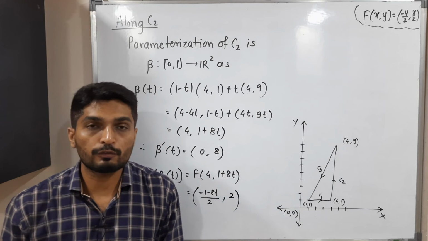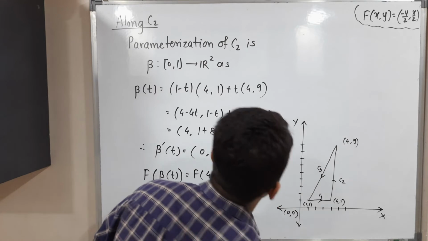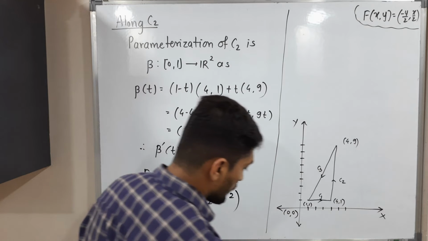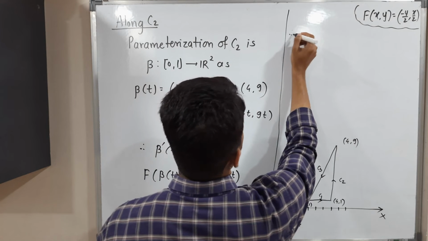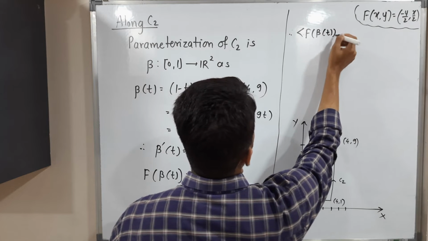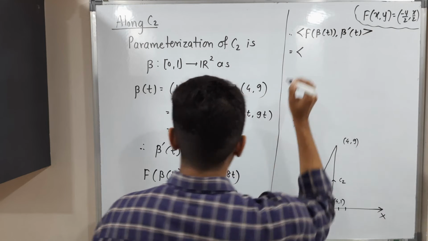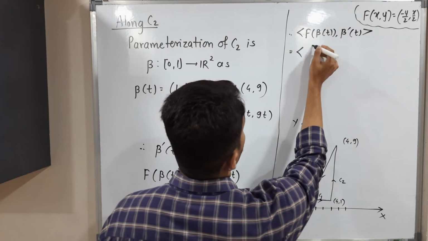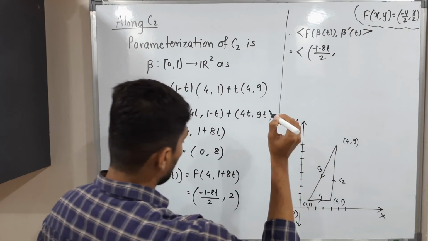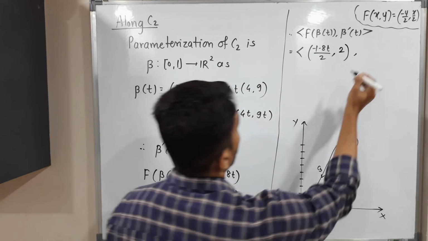We have beta dash of t, we have f of beta of t also. So I will take an inner product now. So let us use this space. Therefore, the inner product of f of beta of t comma beta dash of t. f of beta of t is this one: minus (1 plus 8t) by 2 comma 2, and beta dash of t, which is 0 comma 8.